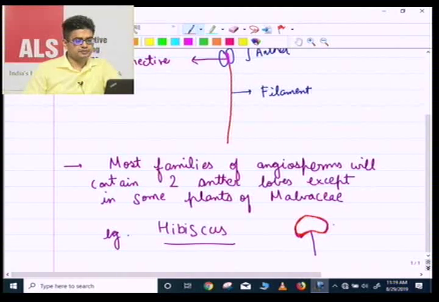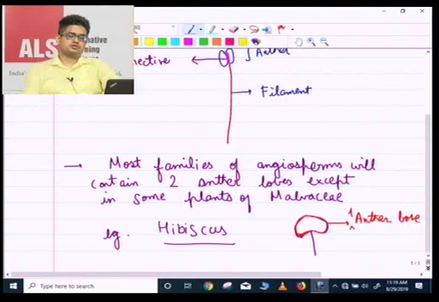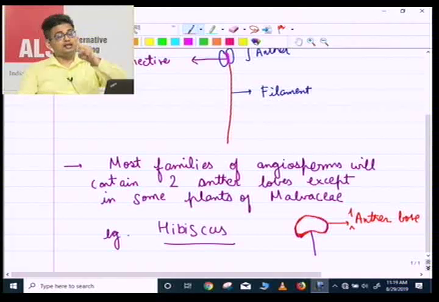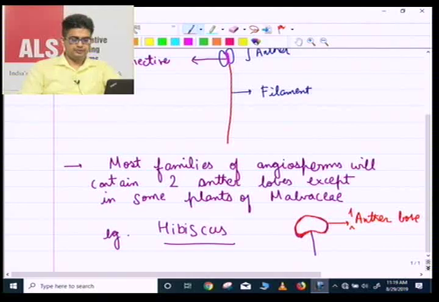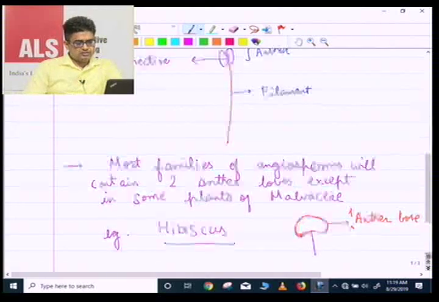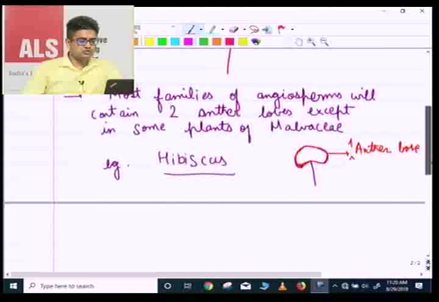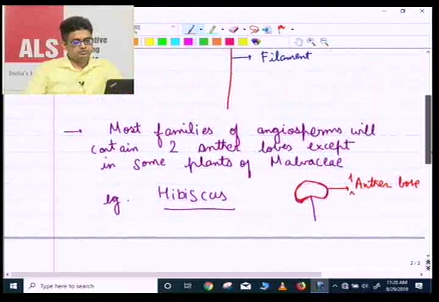Hibiscus has two pollen chambers, but besides hibiscus there is one plant, Arceuthobium minutissimum, that has only a single anther lobe and also only a single pollen chamber. So this is another exception. I will discuss this when I teach you sexual reproduction in flowering plants in detail. Right now, this much is sufficient.